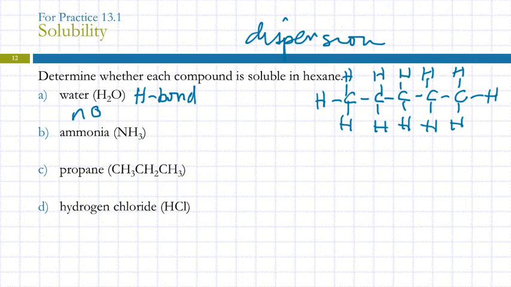It's got hydrogen bonding. Ammonia is a polar molecule. And it's got nitrogen-hydrogen bonds, so this also has hydrogen bonding. Will this dissolve in hexane? Like dissolves like. Are hydrogen bonds and dispersion forces like? No.